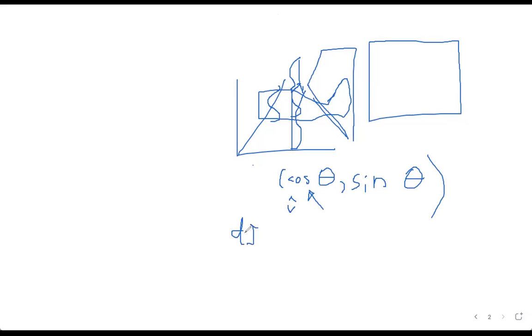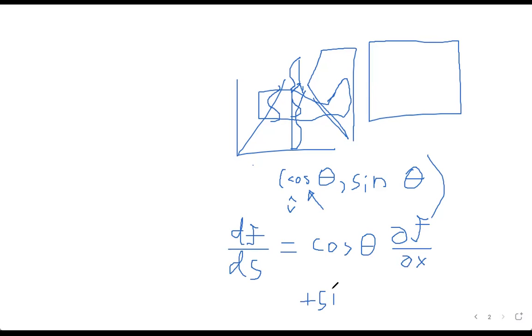Df, I should be using the partial, but we'll say df ds, relative to movement along this line, is just going to be cos theta partial f partial x plus sine theta partial f partial y. So this is the idea of a directional derivative.